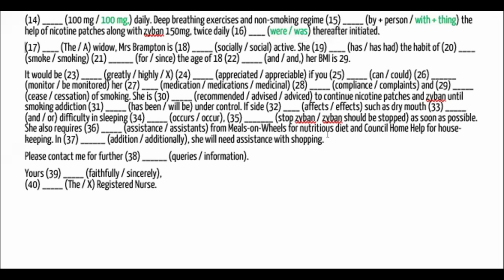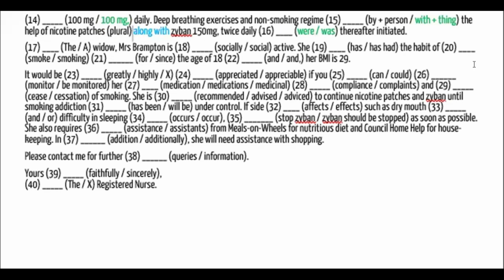Sir, before the class, you told that along with will be present here. That means was required only. Yeah, that's a good point you are saying. Probably I didn't notice that one. Okay, 1 second. The help of nicotine patches. Patches is singular or plural?